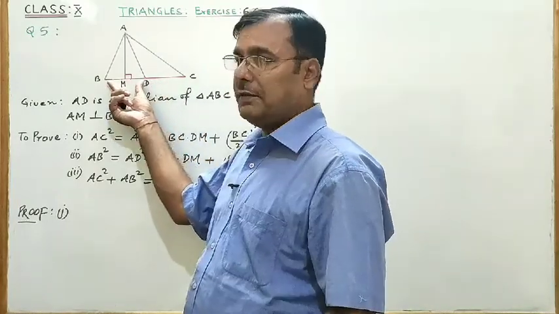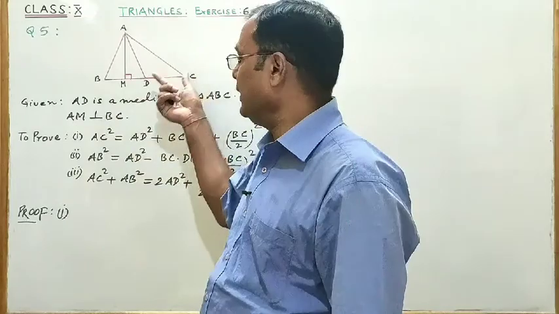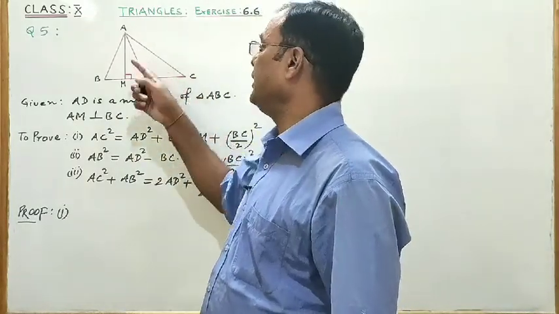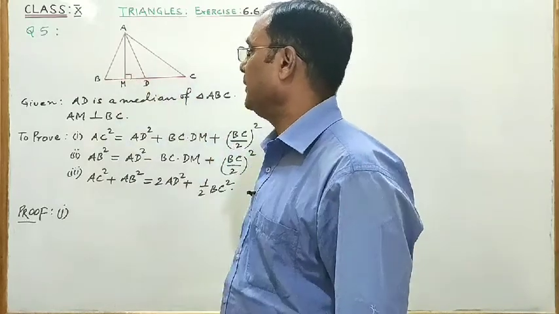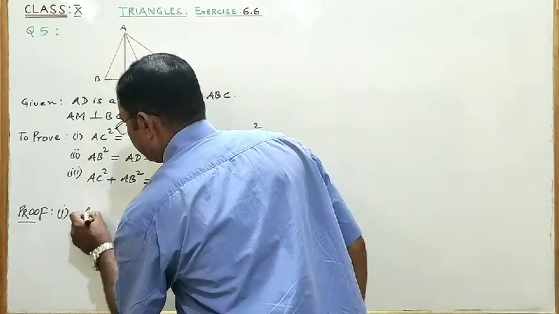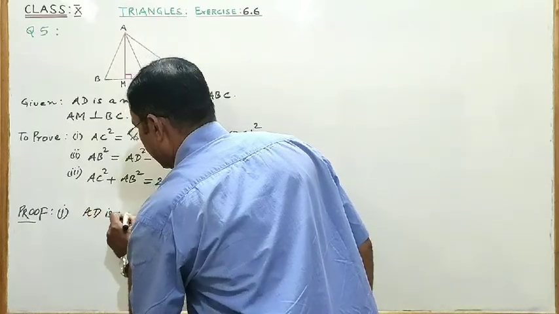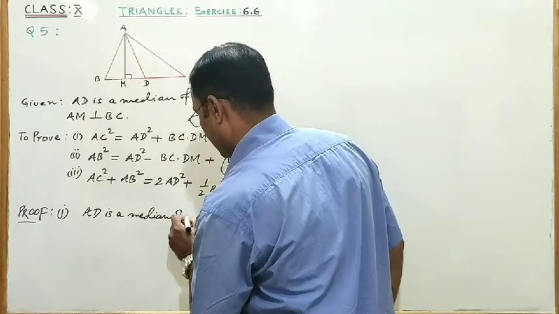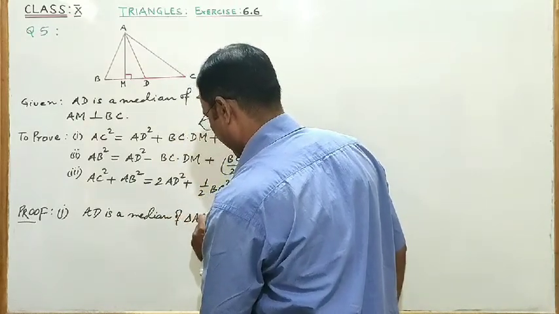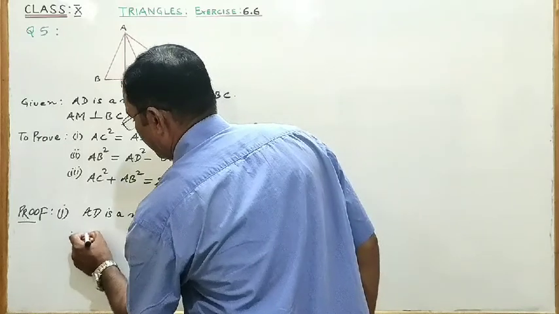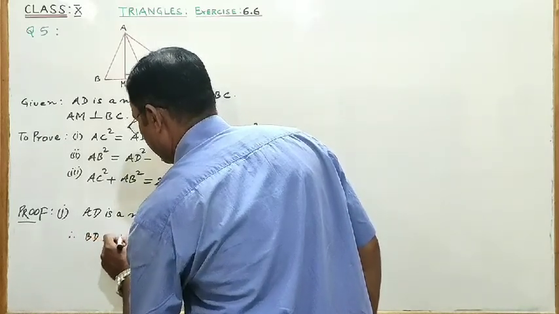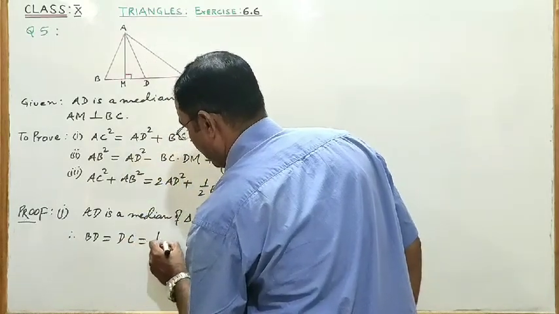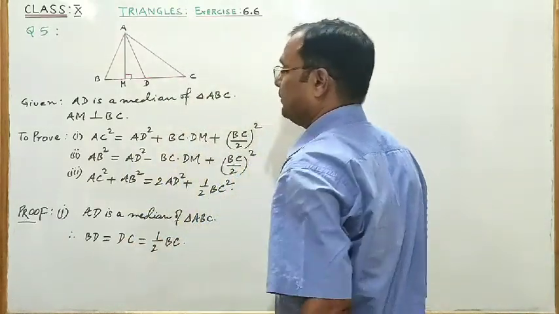BD equal to half BC and also DC is equal to half BC, because AD being median, D will be midpoint of BC. AD is a median of triangle ABC. Therefore, BD is equal to DC is equal to half BC.